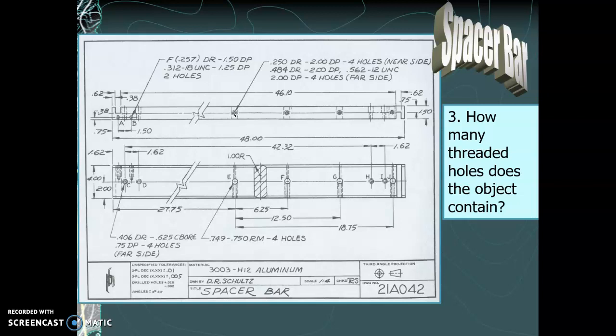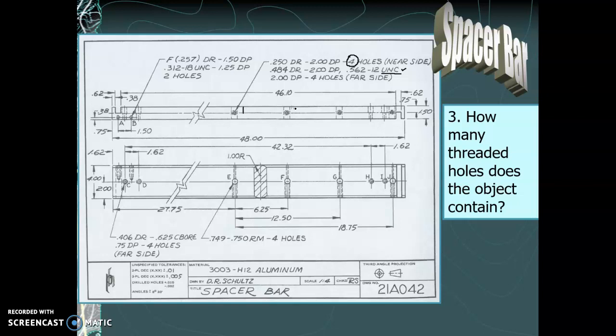So when we see that dashed line surrounding the circle, what we need to do is take a look at the note to make sure that we actually see a thread type being specified. I'm looking for that UNC, and I found it. So yes, this is a threaded hole, and the note tells us that that is true for these 4 holes.